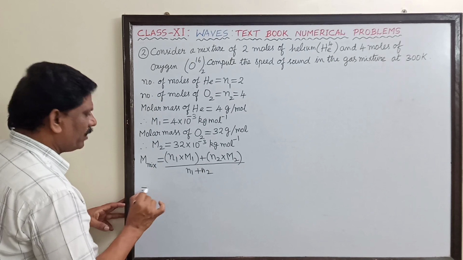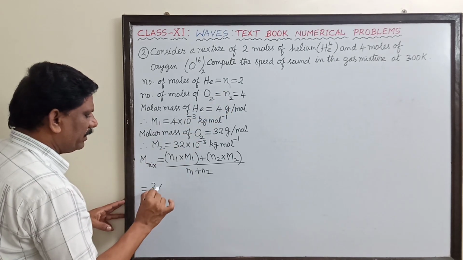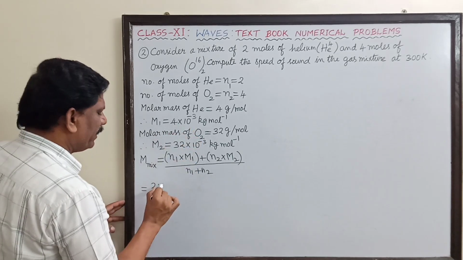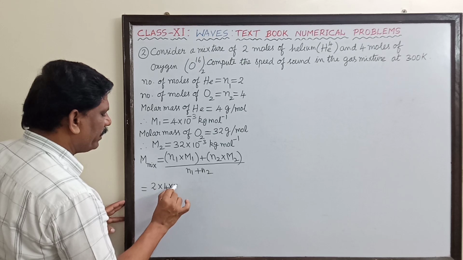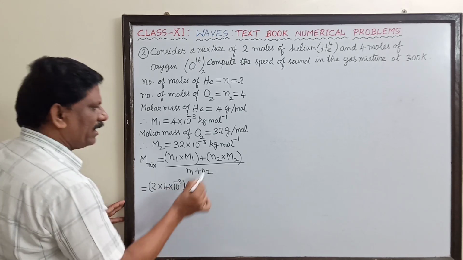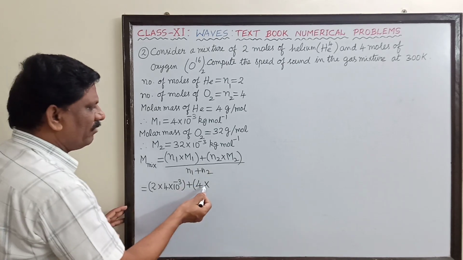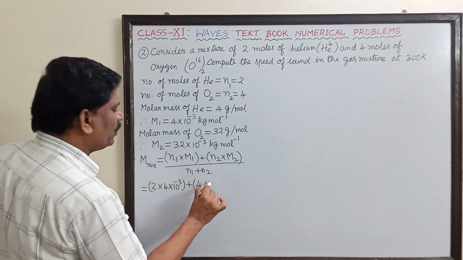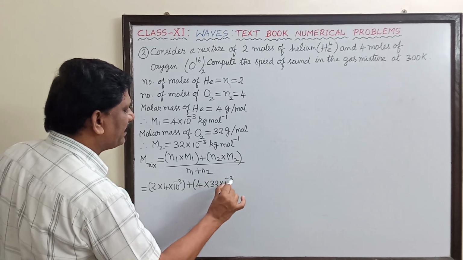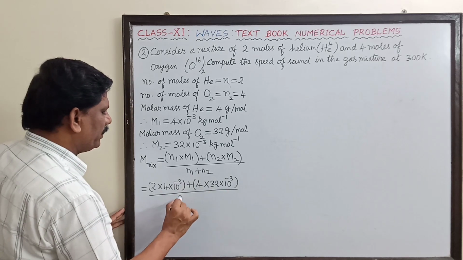N1 is 2, so 2 moles into the mass of helium, 4 into 10 power minus 3, in bracket, plus number of moles N2 equal to 4, into the mass of oxygen, 32 into 10 to the power of minus 3, whole divided by N1 plus N2.